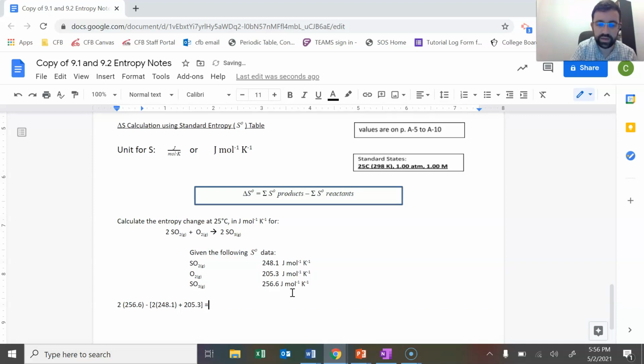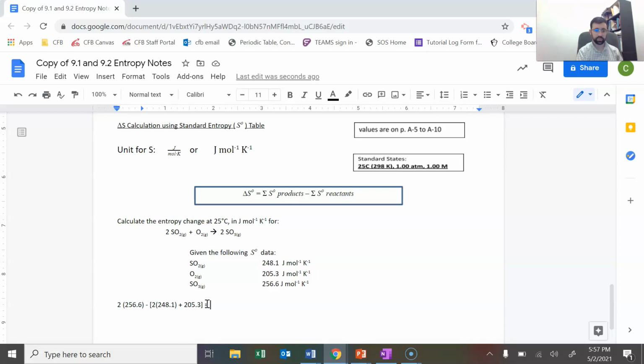And then we could just put that in a calculator and solve it. Of course, we'll be giving you easy numbers to work with if it was on the multiple choice section, where you would have to do the math in your head. For this one, I get 2 times 256.6 minus 2 times 248.1 plus 205.3, and I am keeping that last factor all in parentheses.